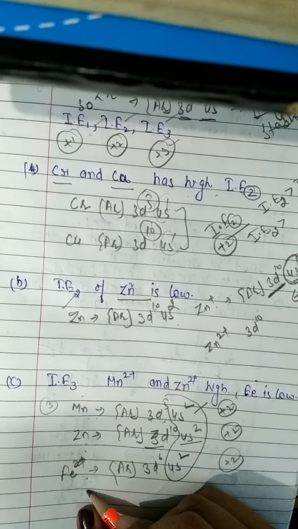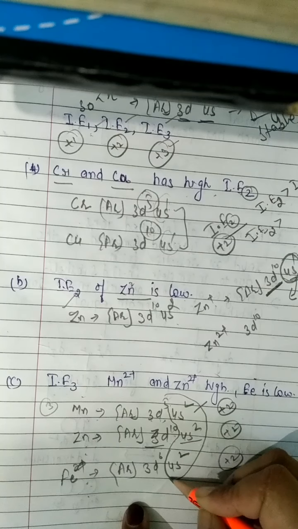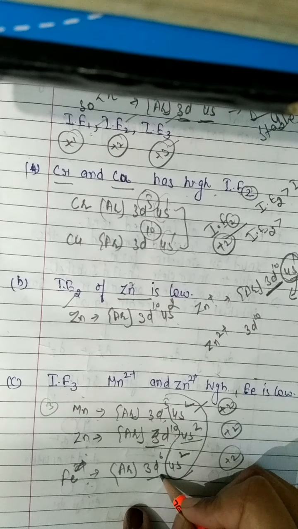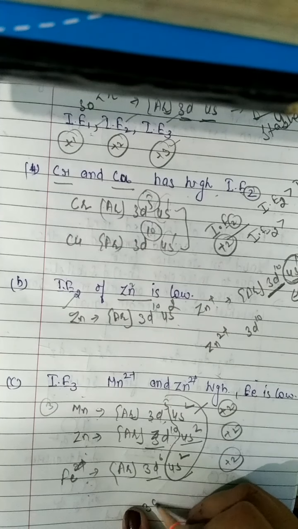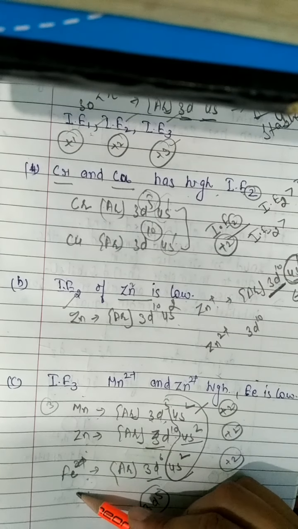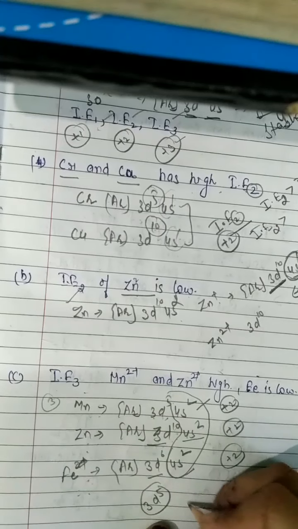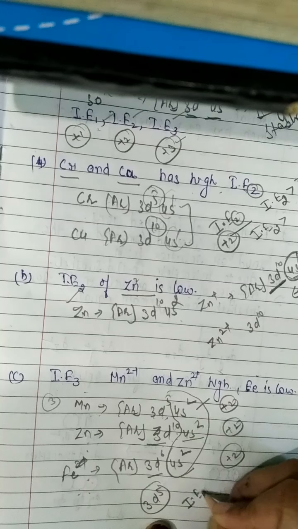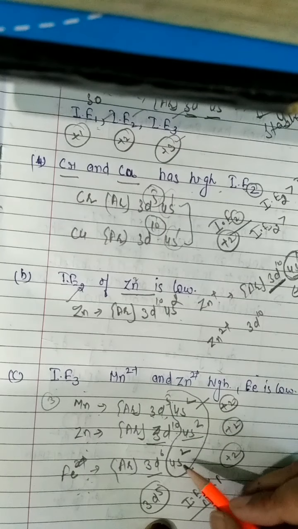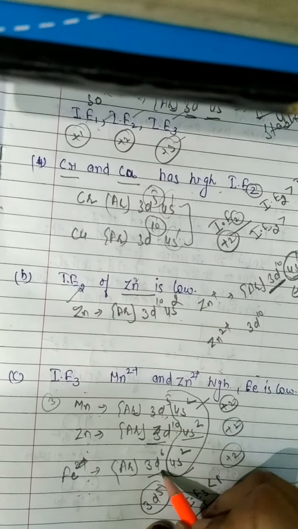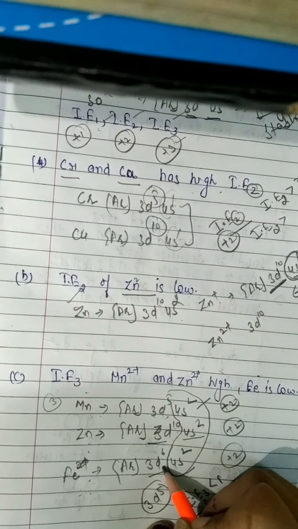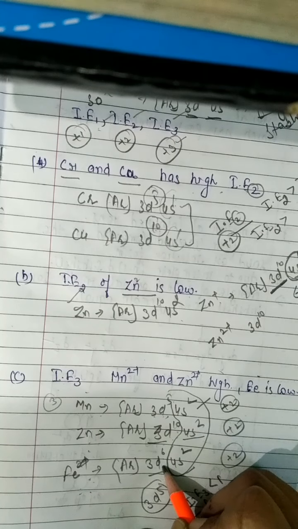But in the case of Fe2+, 2 electrons are removed from the 4s and 1 from the 3d, and they easily remove 1 electron in the case of iron. It means the third ionization enthalpy of iron is less, because it easily removes 1 electron from a 3d orbital to get its stable configuration.